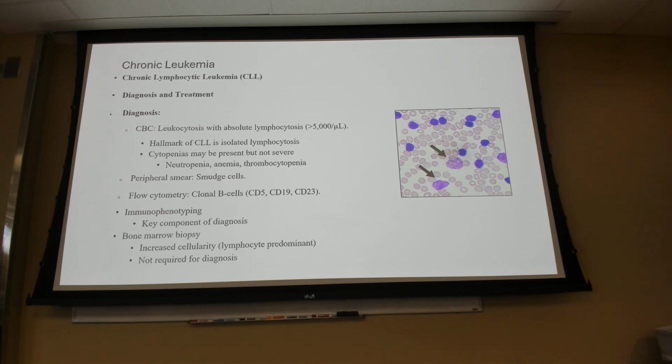Hallmark, isolated lymphocytosis, right? Huge amount of lymphocytes. Smudge cells, let's talk about the smudge cells real quick. So again, these cells aren't completely normal. They're a lot more friable than a normal cell. In the lab, did you guys make smears? So you're gonna do a peripheral smear.